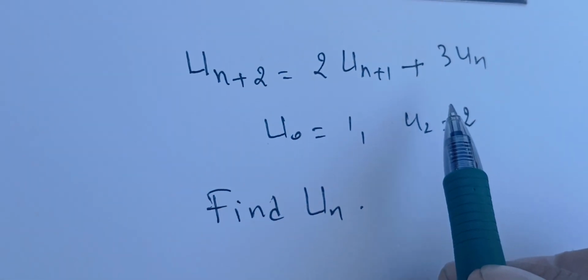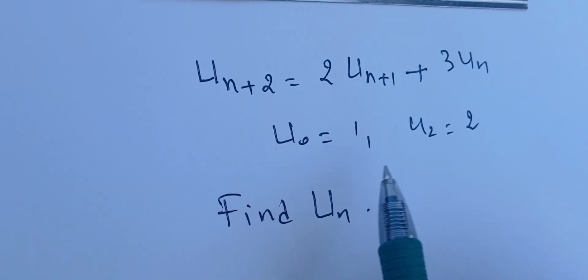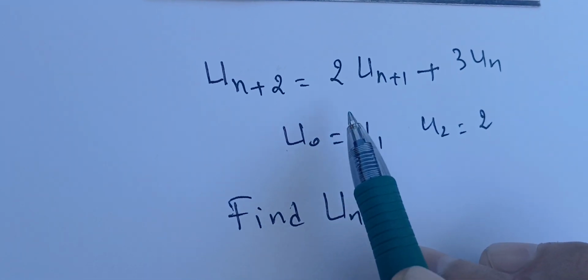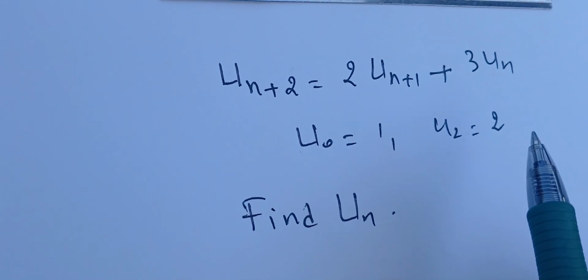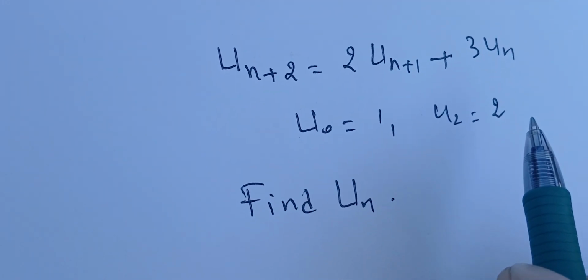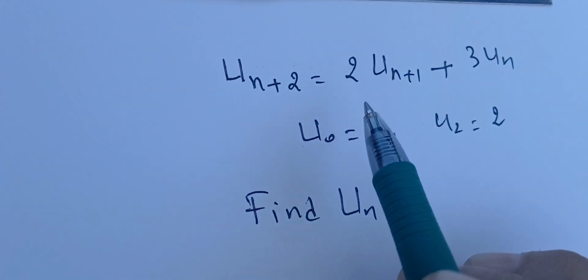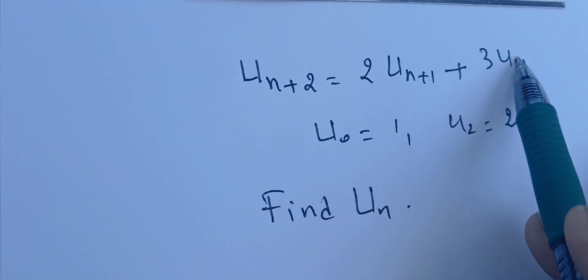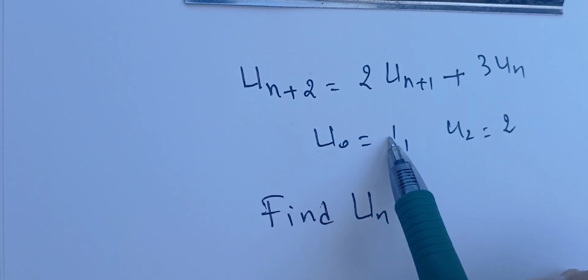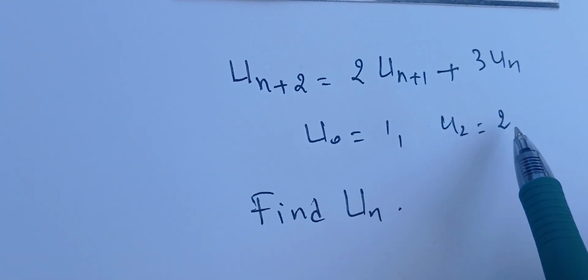In this video, we're going to try to find u_n, given that u_n is a second order recursive sequence. In our case here, u_{n+2} is 2u_{n+1} plus 3u_n, with u_0 is 1 and u_1 is 2.